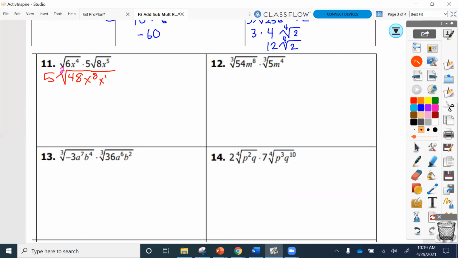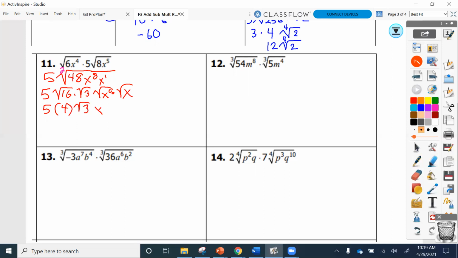All right, so we've got 5 times the square root of 16 times the square root of 3, since 16 times 3 is 48, times the square root of x to the 8th times the square root of x. So let's just simplify. The square root of 16 is 4. Bring down the root 3.